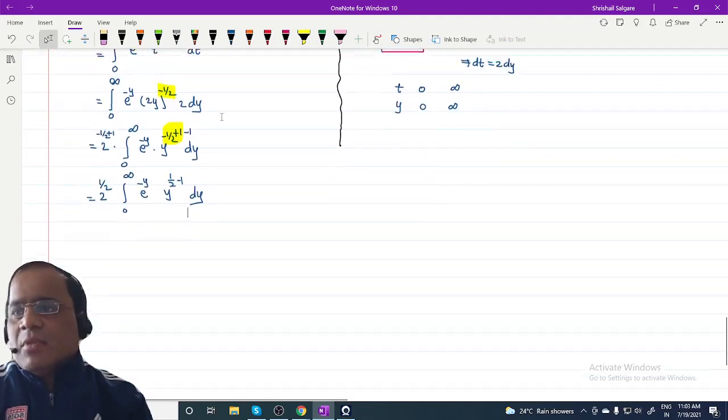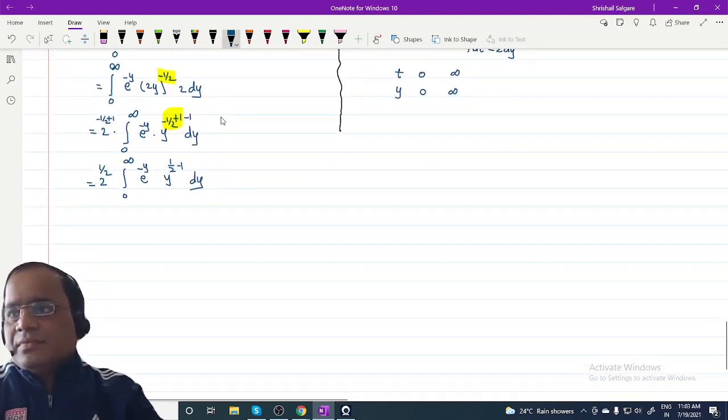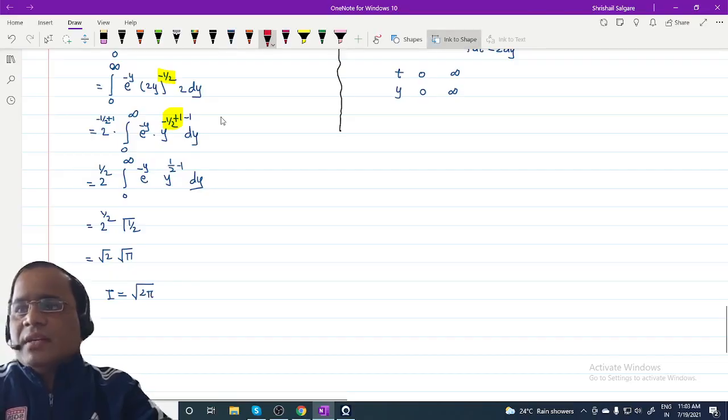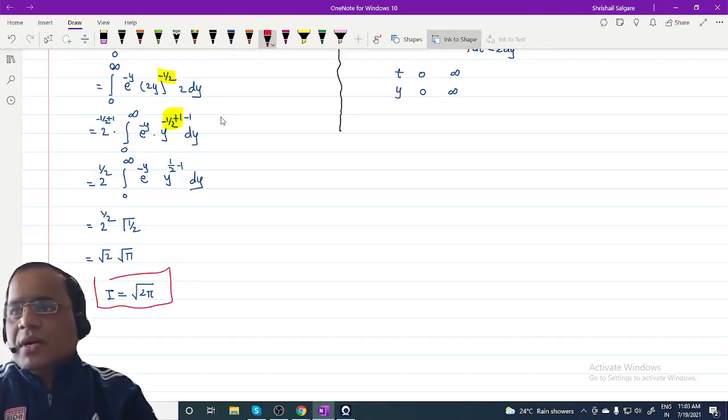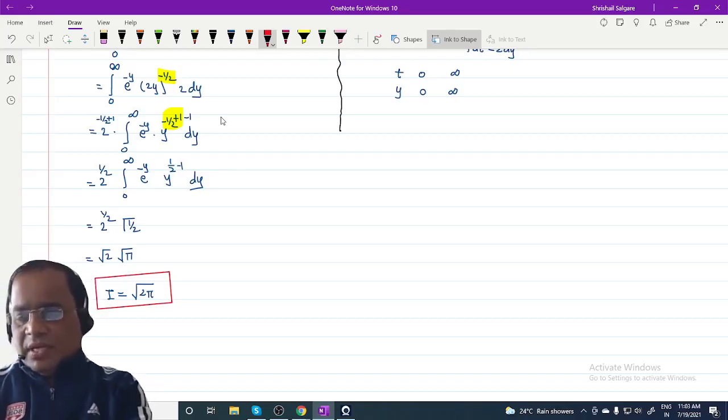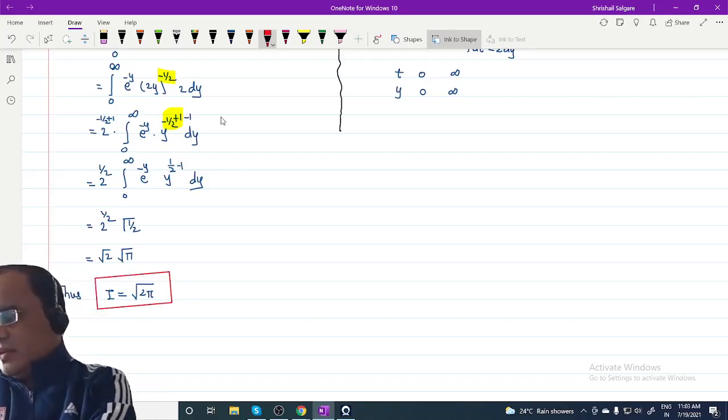And it is gamma of 1 by 2, and we know gamma of 1 half is nothing but root pi. So thus evaluation of the integral is square root of 2 pi. That is your final answer, square root of 2 pi. So that was one example. If further examples on logarithm, I will give for homework.